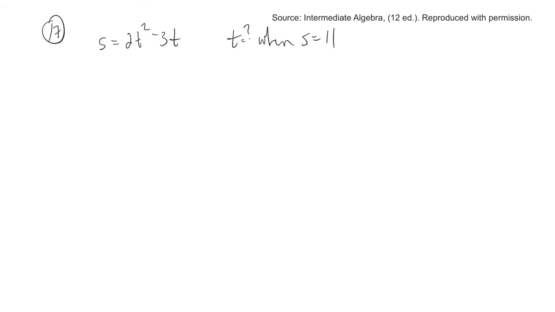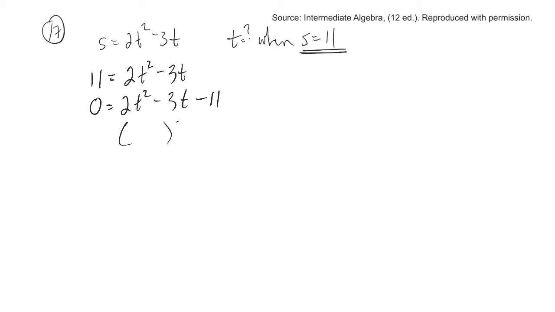So, here's another one. They say this thing is a projectile or something, and they want to know what the time is when the height reaches 11. So I need to put an 11 in for where the height, or the distance, s, minus 3t, and then I'll change it so it's a quadratic, and then again I'll look to see if I can factor that.